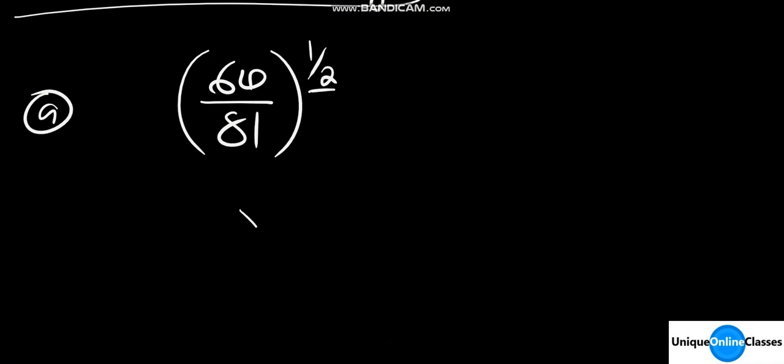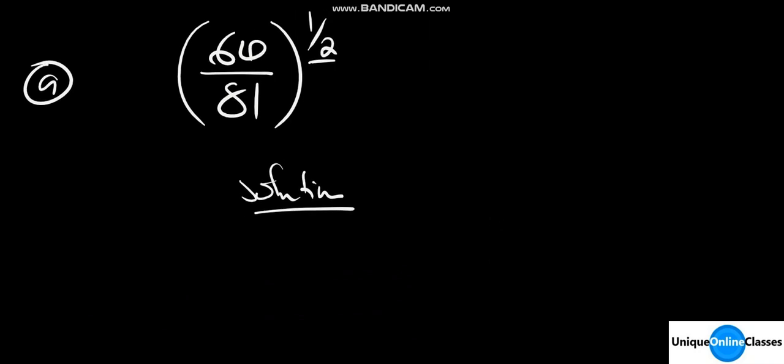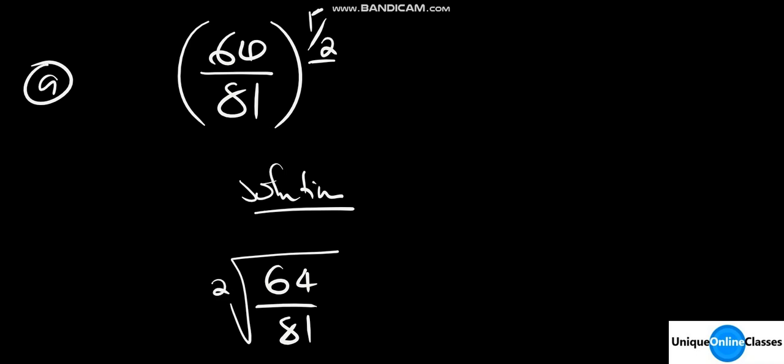So the solution: we have 64 over 81, then the root. The 2 is the magnitude of the root, and the 1 is our power. So we cannot put a 2 there.